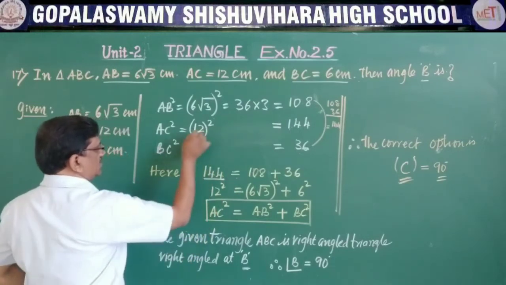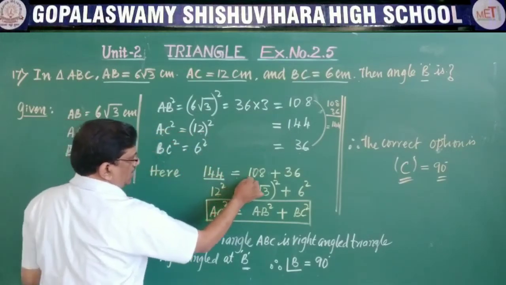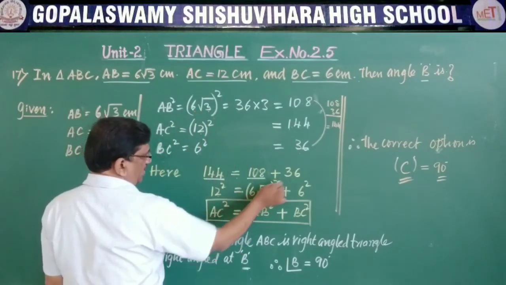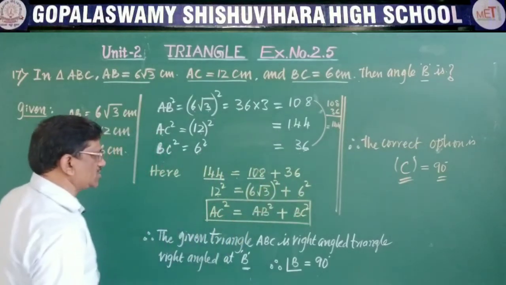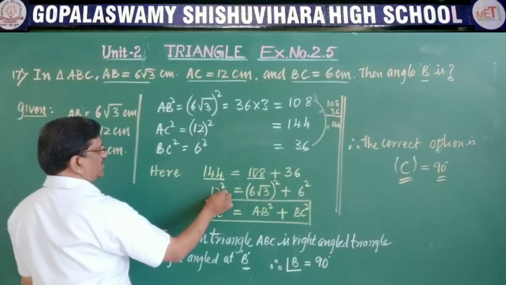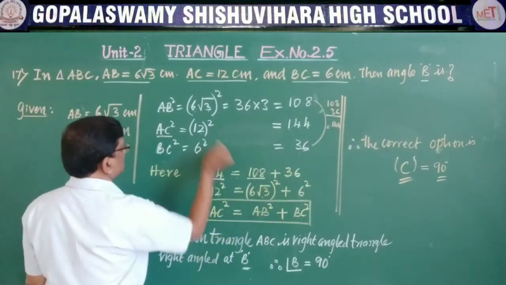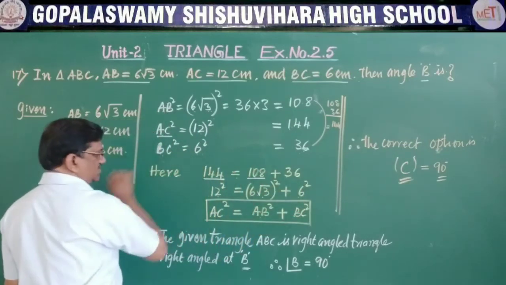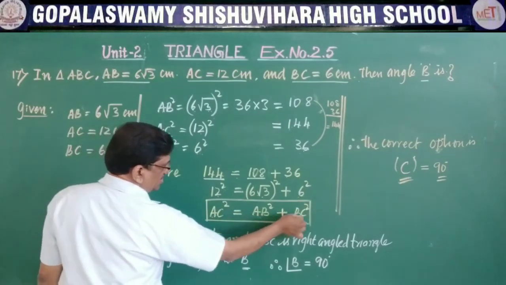So 144 refers to AC, that is 12 square, and 108 refers to 6 root 3, and 36 refers to 6, that is 6 square. So here 12 square refers to AC square, and 6 root 3 whole square refers to AB square, plus 6 square refers to BC square. That means AC square is equal to AB square plus BC square.